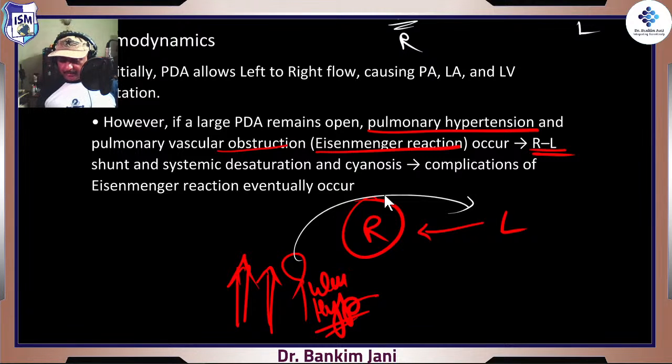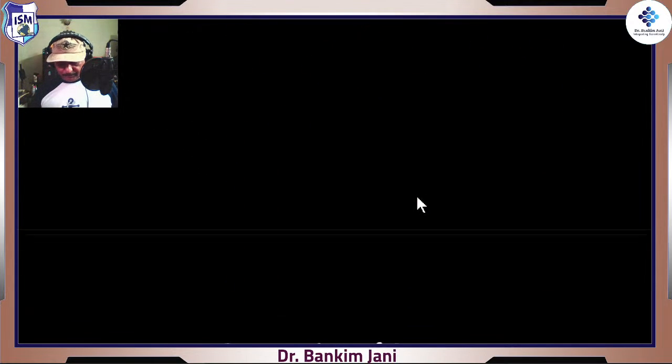In that reverse flow, that is right to left shunt, the only trouble is that now the deoxygenated blood is going into this pure system, and the entire body is getting mixed blood. When it was a fetus, not much of a problem, but now there is a problem because we require much more blood, right?